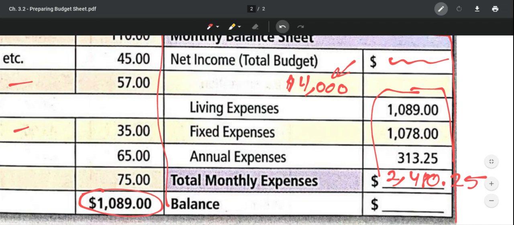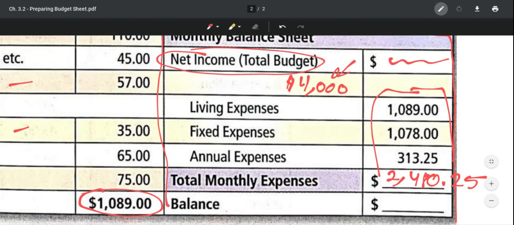So this balance here, what this means is you take that monthly expense and subtract it from whatever your net income is, or whatever you want your budget amount to be. Because if you want to make your budget amount lower than what you actually make, you could do that as well.